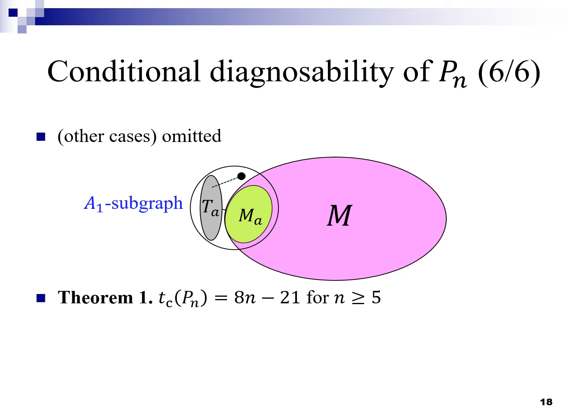So by combining the previous lemma 11 and 12, we get our main theorem. So in theorem 1, we realize that the conditional diagnosability of the Pancake graph Pn equals n minus 21 for n at least 5.